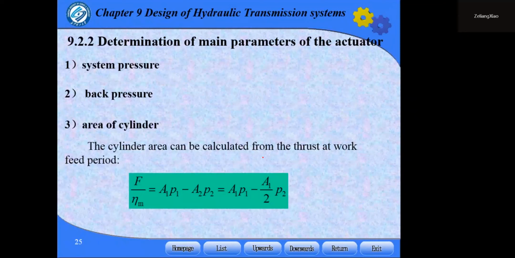The cylinder area can be calculated from the stress in the working phase period. In the working phase period, the force equals the mechanical efficiency calculated in the previous section.